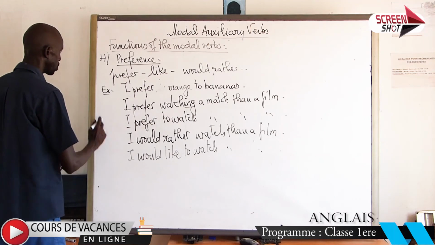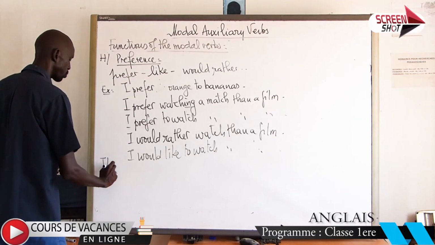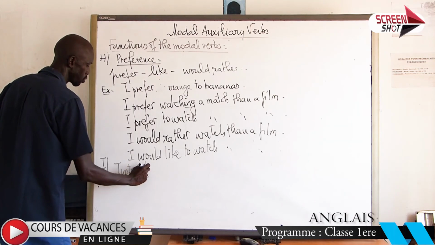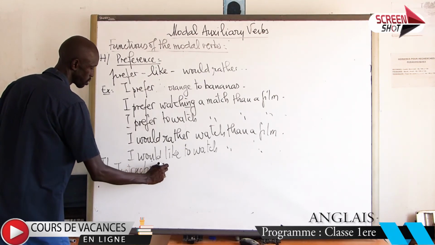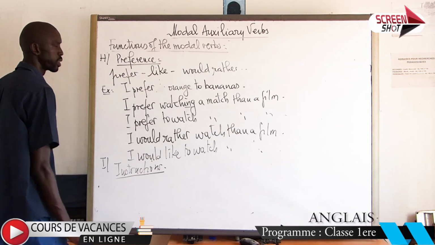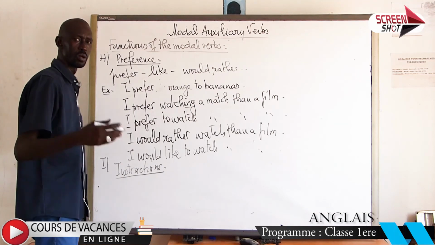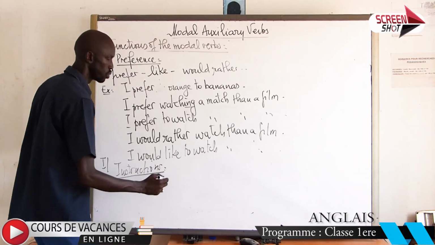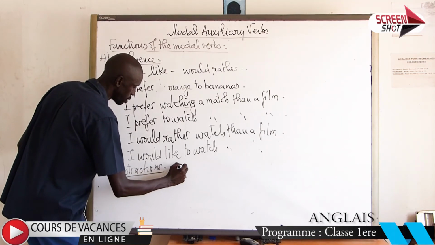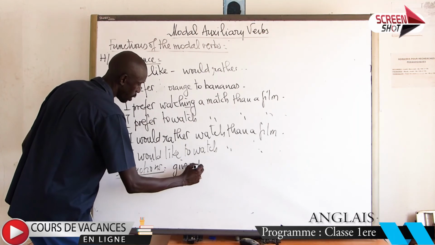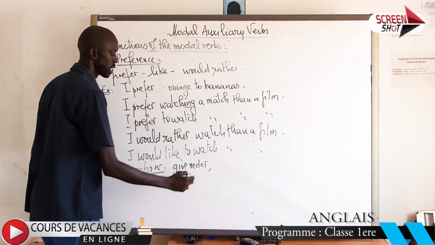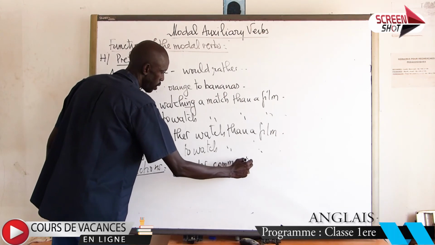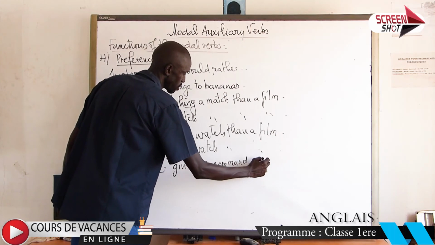The last case we have is how to express instructions, or how to make instructions. We use this form if you want to give an order, or it can be a command, or it can be a request.